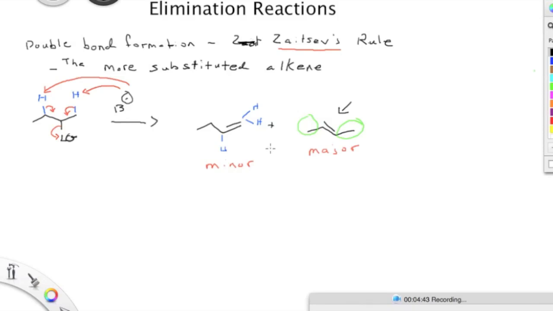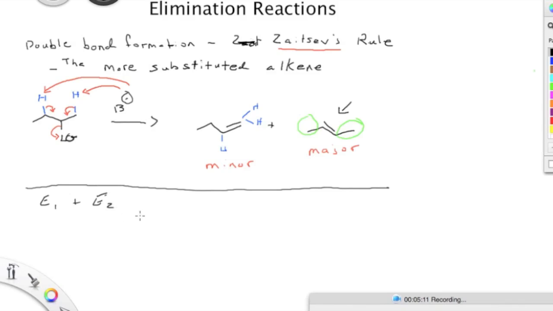Now, with that being said, there are 2 major types of elimination reactions that we are going to discuss. Just as we had 2 types of substitution reactions, we have E1 reactions and we have E2 reactions.